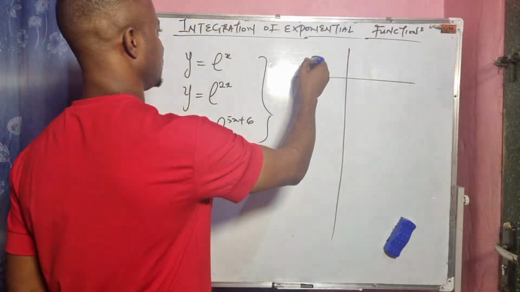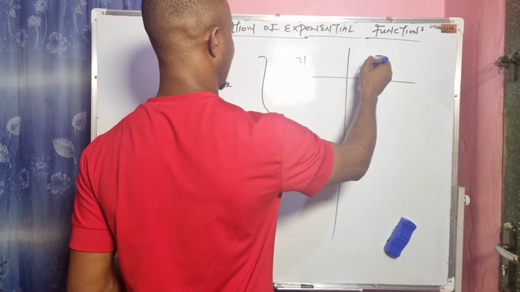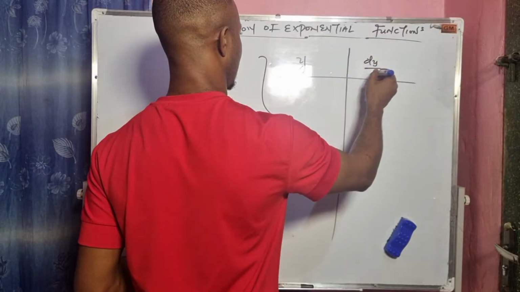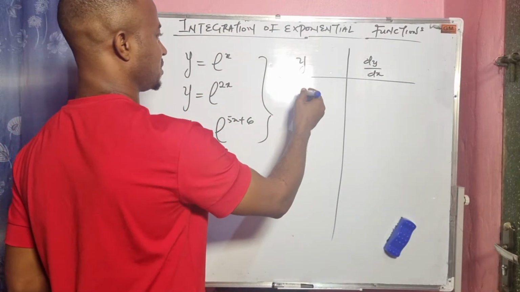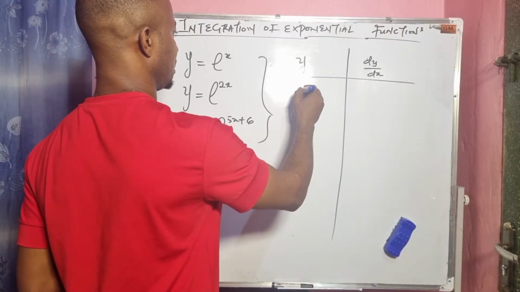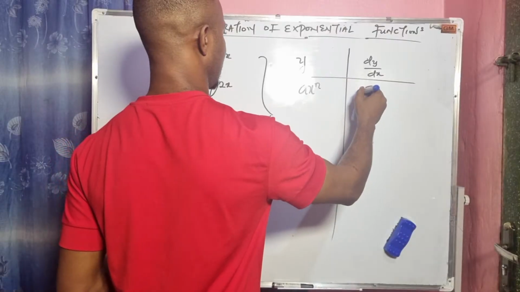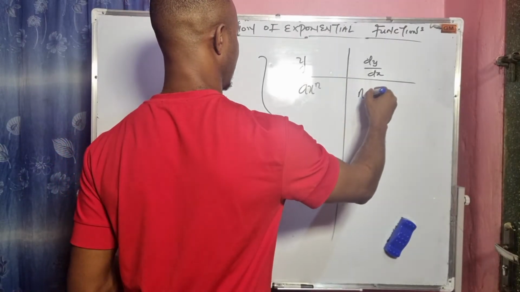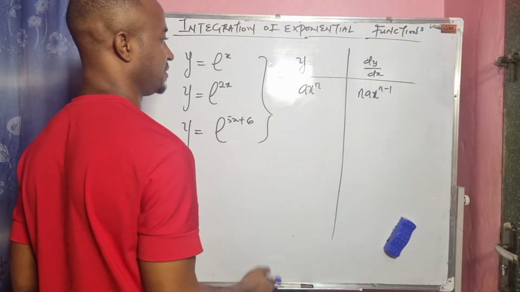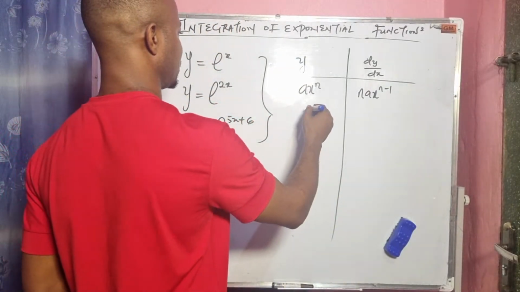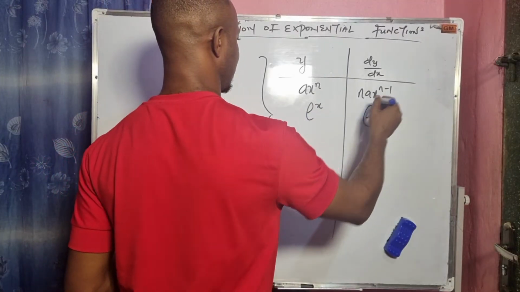If I have y as a function and I have change in y over change in x, if we are to differentiate ax to the power of n, the result will give us nax to the power of n minus 1. This is the power rule of differentiation. If we differentiate e to the x, we get e to the x.